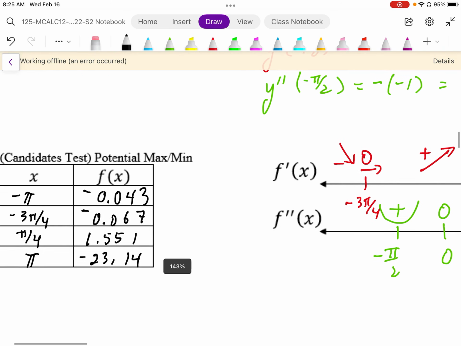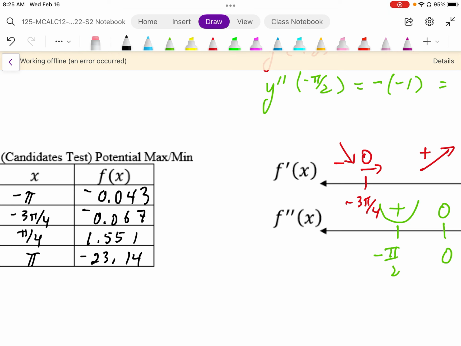Based on this, we know that this is my absolute min. Oh, sorry, that's not our absolute min, that's a local min. This is our absolute min here. And then we can see that our local max is our absolute max.